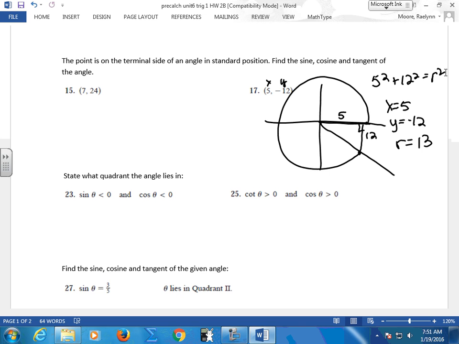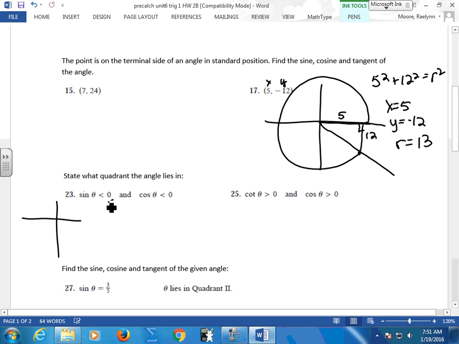Is this a unit circle I'm working on? No, because my radius is not 1, so that's not a unit circle. So, state what quadrant the angle lies in. Where is sine negative? 3 and 4. Where is cosine negative? 3, and where else? 2.